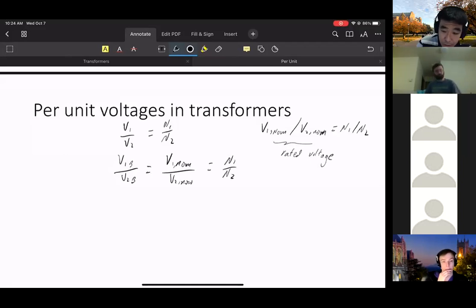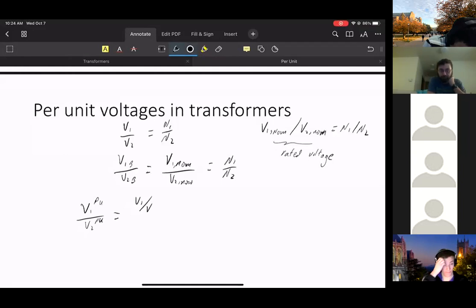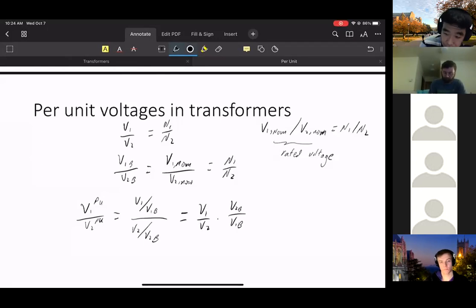And so what happens when we choose this to be the rated voltage? Let's look at this ratio. What is the per unit ratio of the transformer voltages? Per unit by definition means I divide by the base unit. So this is V1 over V2, times V2 base over V1 base.